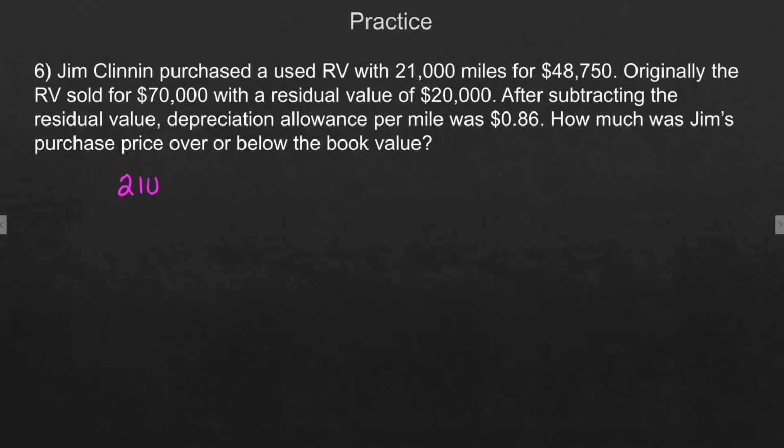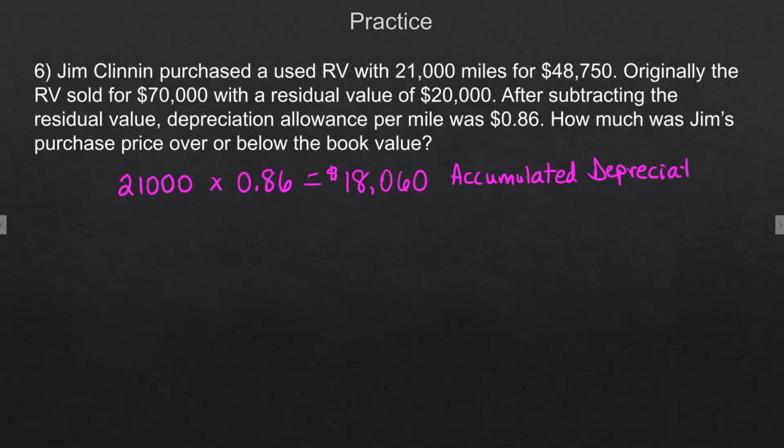You're going to see how much have you used up of this RV in the 21,000 miles at 86 cents per mile. So that would be 18,060, right? And that is the accumulated depreciation so far for this RV.